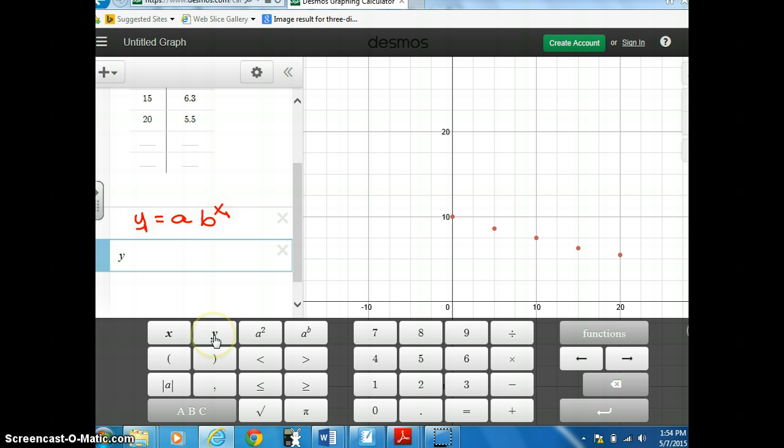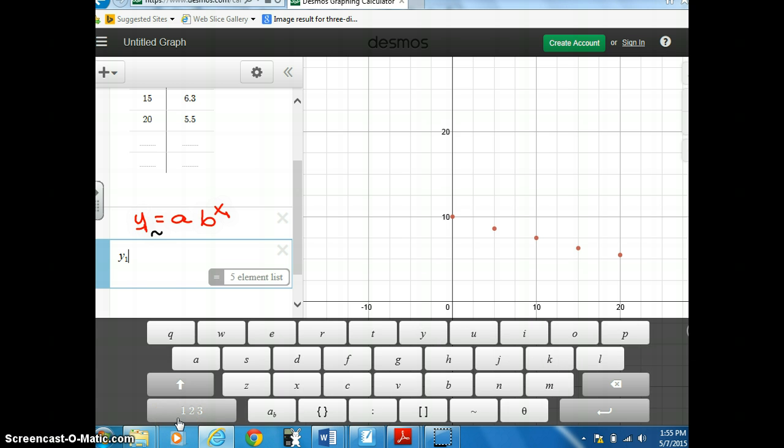We're going to go y and just hit 1, and it should say y sub 1. Now we're not going to hit equals. We have to have this little squiggle sign. So instead of equal, we're going to make a little squiggle like that. We're going to hit the ABC button, and at the very bottom, there is a squiggle. That is going to tell Desmos that we're writing an equation based on the table of values.